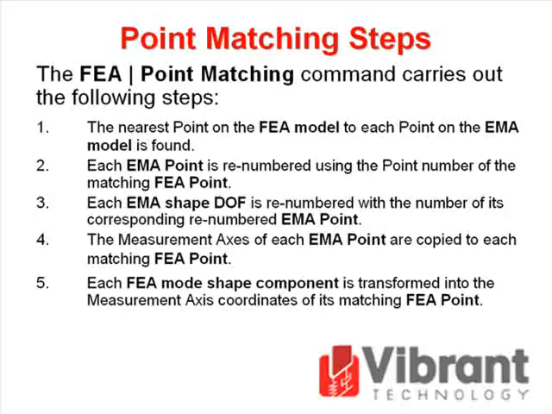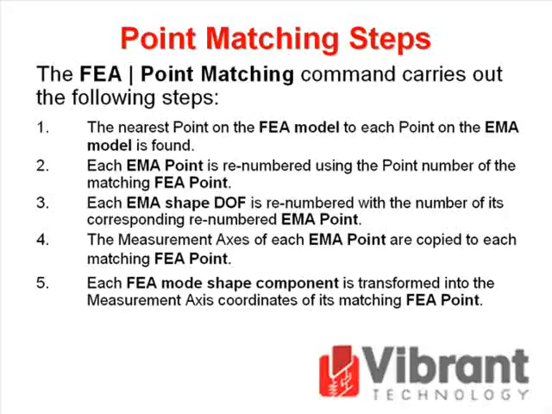After the FEA and EMA models have been aligned geometrically, point matching is done by executing the FEA point matching command. When FEA point matching is executed, the following steps are carried out. 1. The nearest point on the FEA model to each point on the EMA model is found. 2. Each EMA point is renumbered using the point number of the matching FEA point. 3.